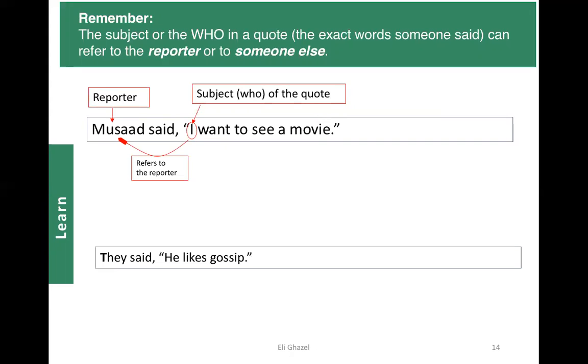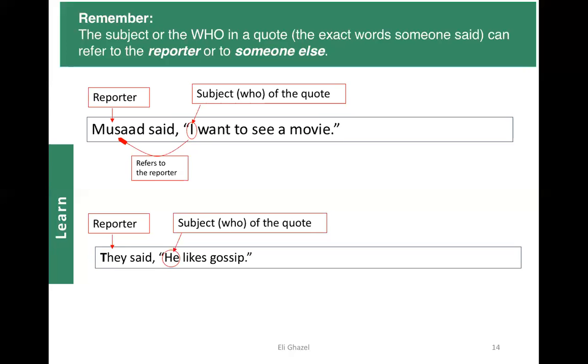Let's try another one. They said he likes gossip. The reporter is they, the subject of the quote or the who of the quote. So it's not just the subject. The subject can be a thing and can be a person. We need to focus that when we're talking about he, because the reporter is going to be a person.